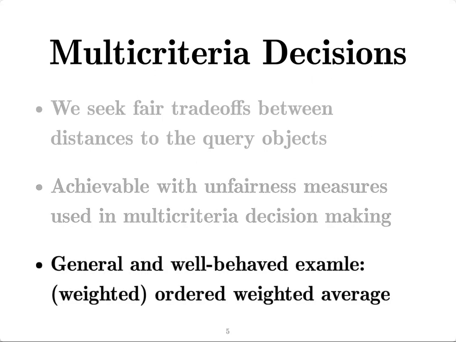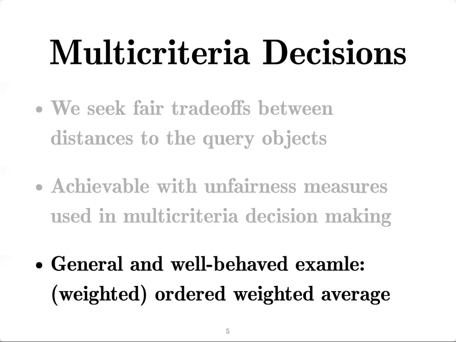A very general and very well-behaved example is the ordered weighted average, or the more general and slightly awkwardly named weighted ordered weighted average. This is closely related to weighted averages.